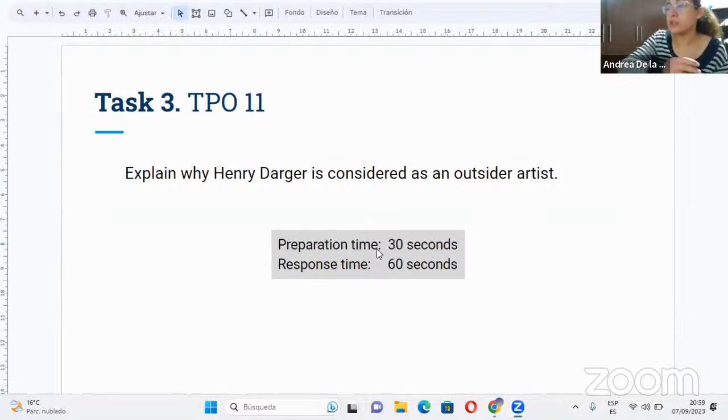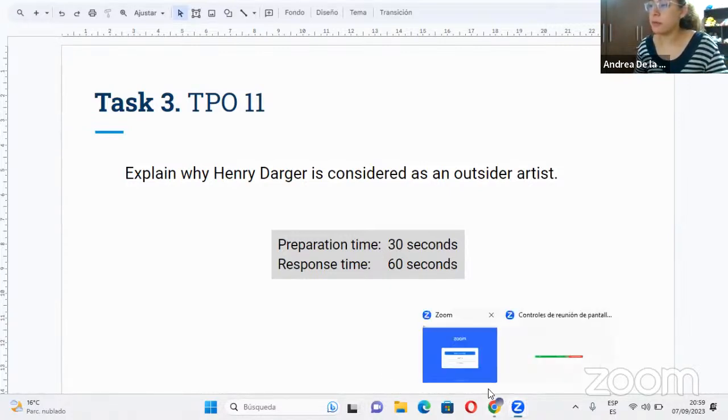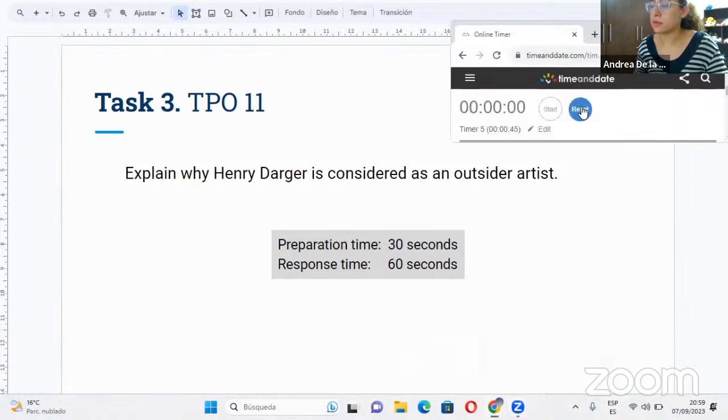Okay, guys, now the question says, explain why Henry Darger is considered as an outsider artist. And you will now have 30 seconds to prepare your responses.